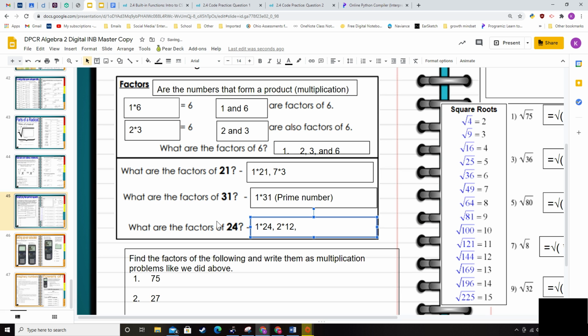Then there is 3 and 8, so 3 times 8. And then there is 6 times 4. So this one actually has quite a few of them. I wrote them all out in their multiplication groups: 1 times 24, 2 times 12, 3 times 8, and 6 and 4. So these are all its factors.